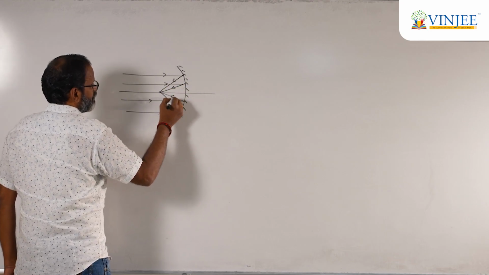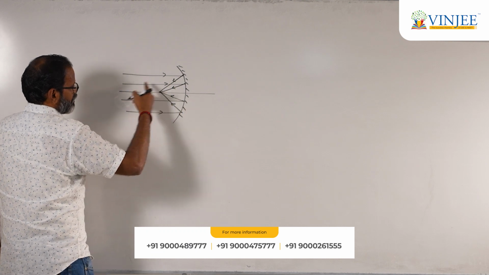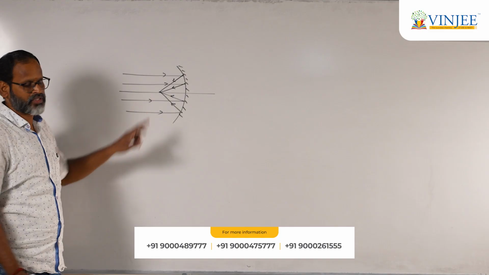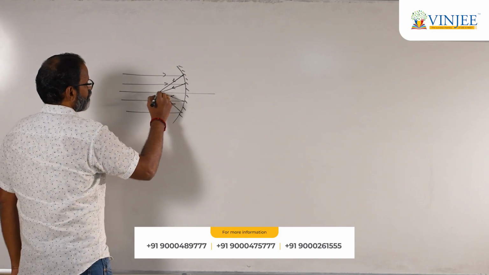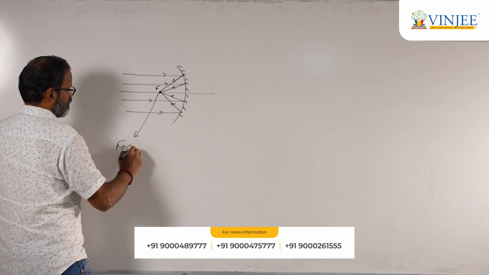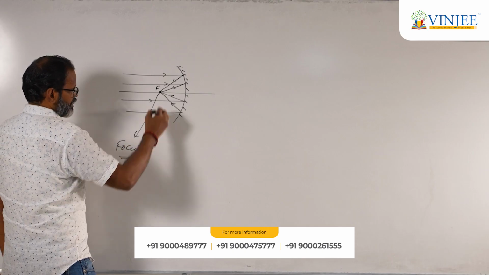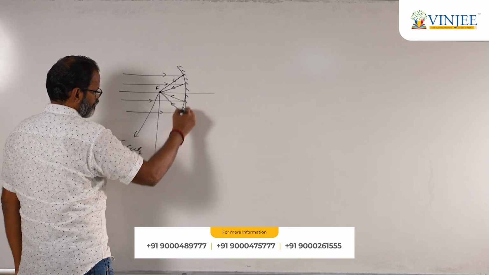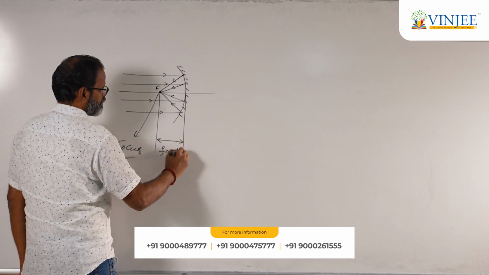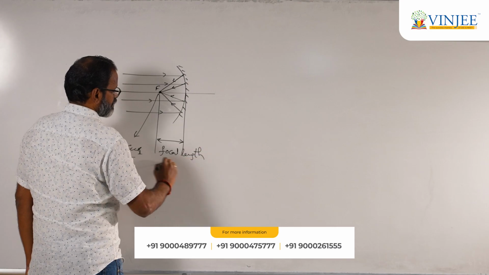The light rays which are incident parallel to the principal axis really meet at a particular point. That is called the focus of the mirror. The distance of the focus from the pole is called the focal length.